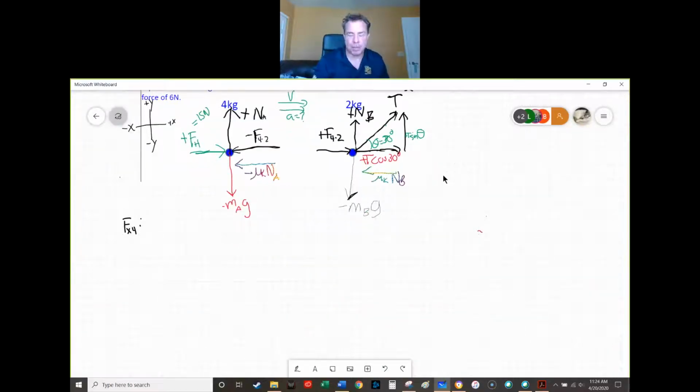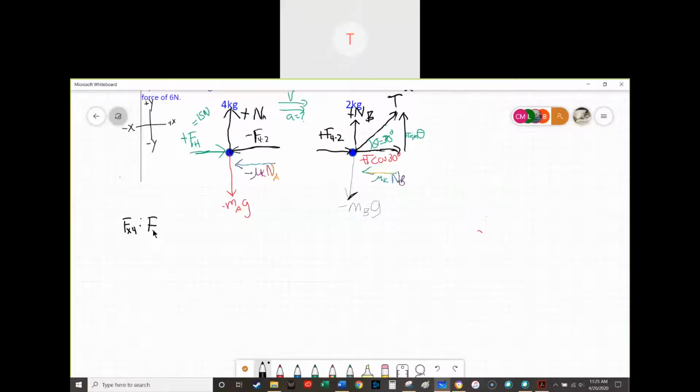Wonderful. All right, let's go ahead and do it. So what I'm going to do is sum the forces, horizontal forces here. I'm going to write the hand force. It's to the right.